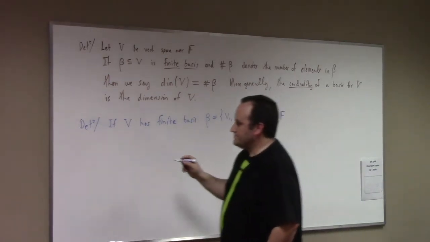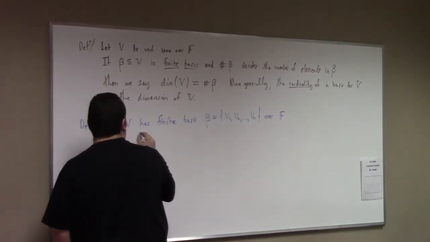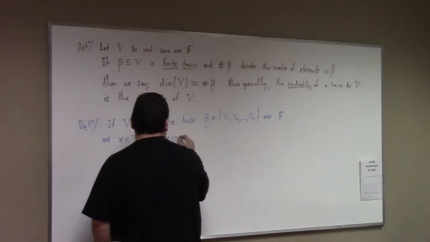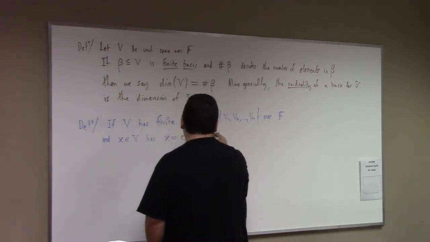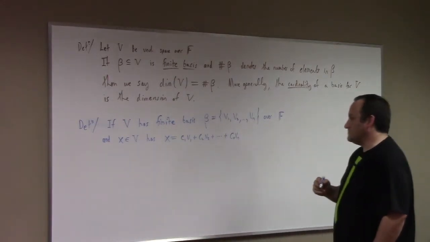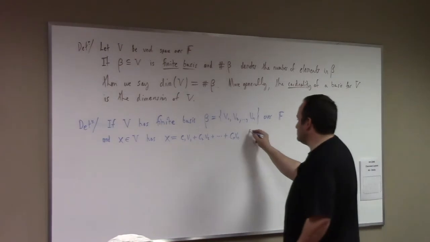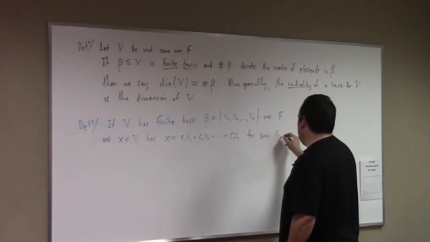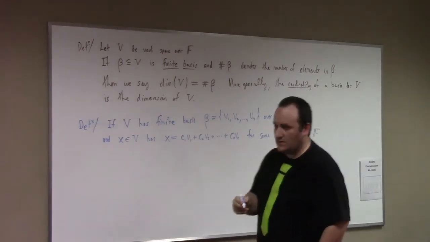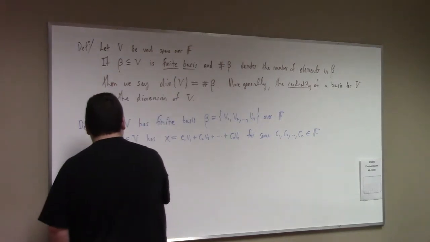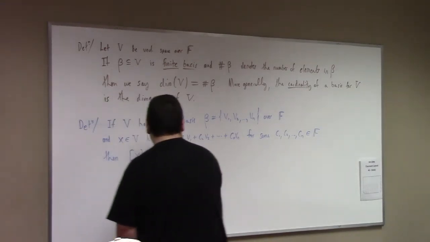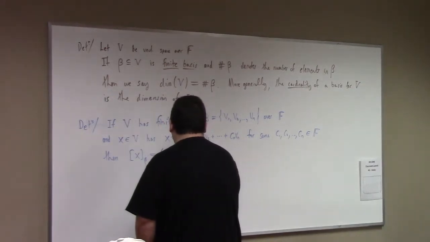And if we have x in V, has x equal to c1 v1 plus c2 v2 plus ... plus cn vn, all right? For some c1, c2, ..., cn in the field, all right? Then the coordinate vector of x with respect to basis beta is equal to the column vector c1, c2, ..., cn.